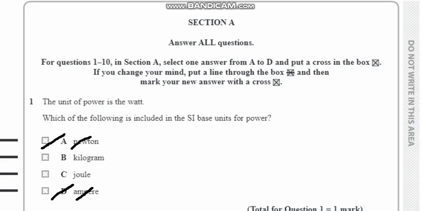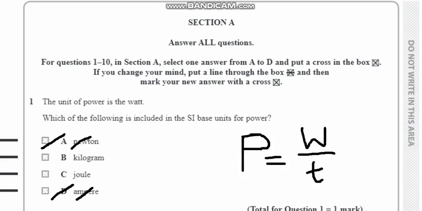So to differentiate between these two, if I go about the formula for power, the formula for power is W upon T, or work done upon time. And if we look closer to the work done, or just derive more formulas from it, work done can be written as force into distance. And if we look at the units, we will have, there you go, kg meter square per second square.